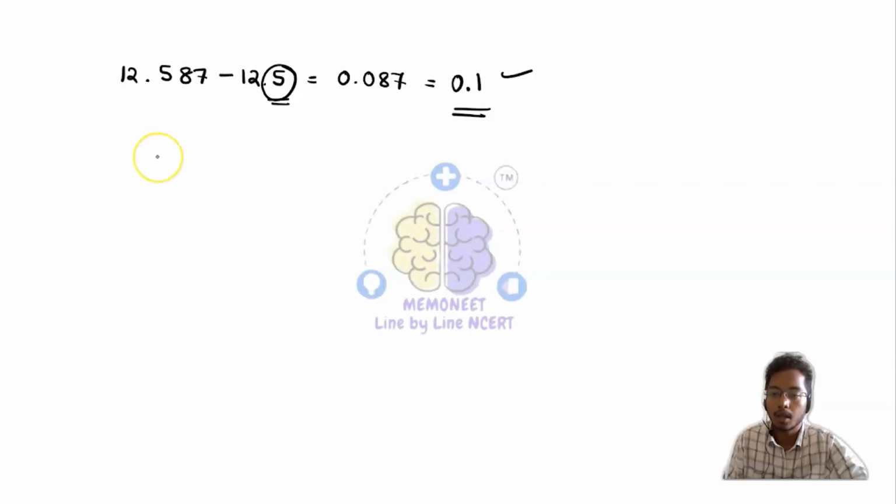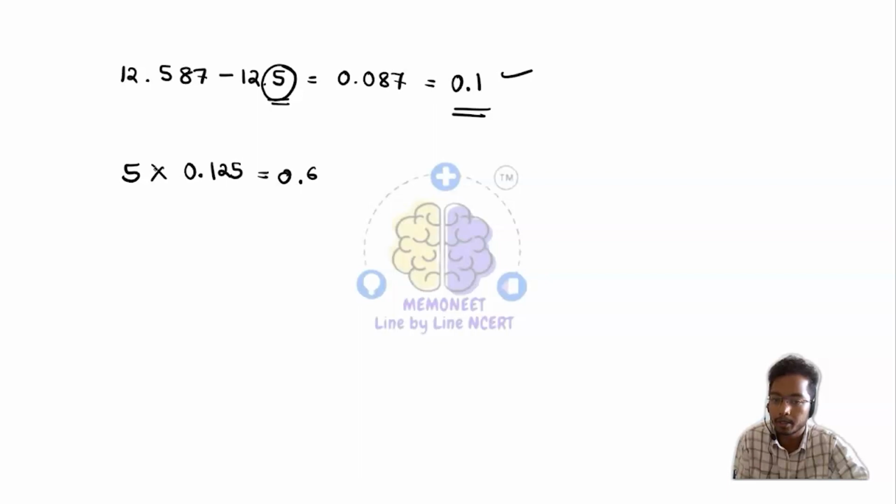Okay, multiplication. Let's say we multiply 5 into 0.125. If we calculate it, it comes to be 0.625. So here, after the decimal, we have three decimal places.